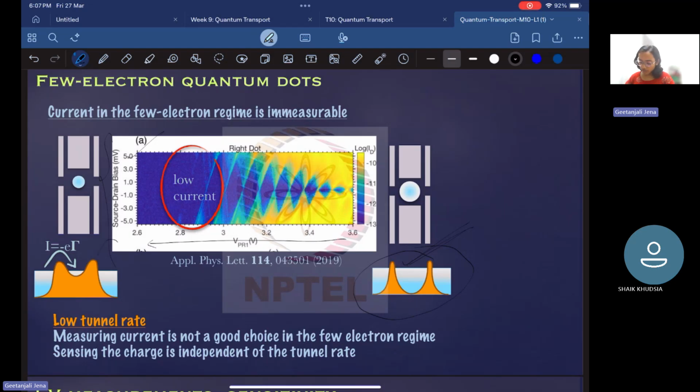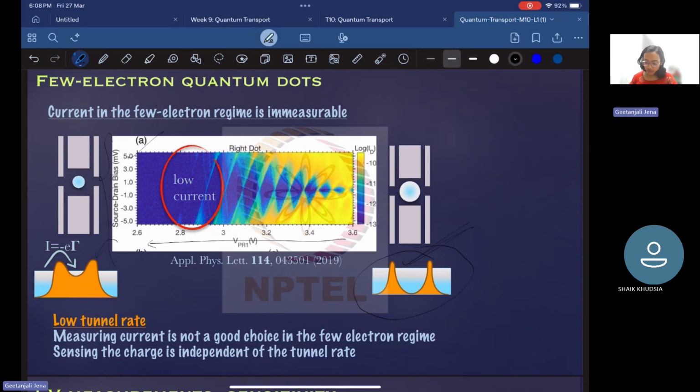But when you go to the left side, by applying a higher gate voltage, the barriers close to the source and drain become thicker, and because of this thicker barrier, the tunnel rate decreases.